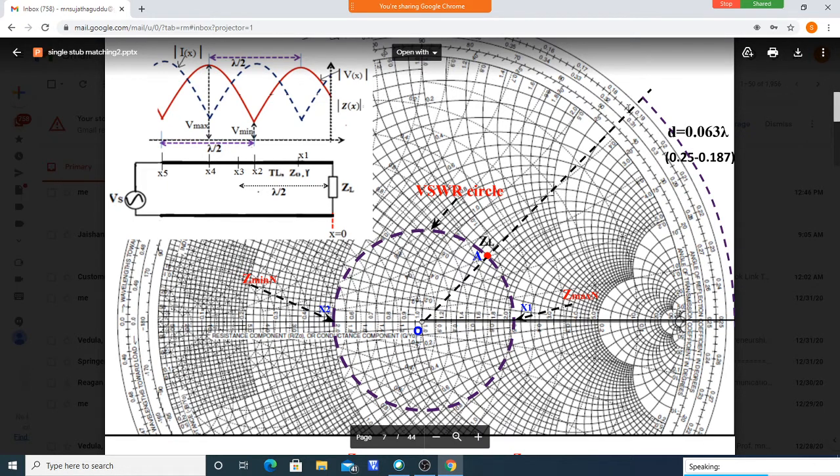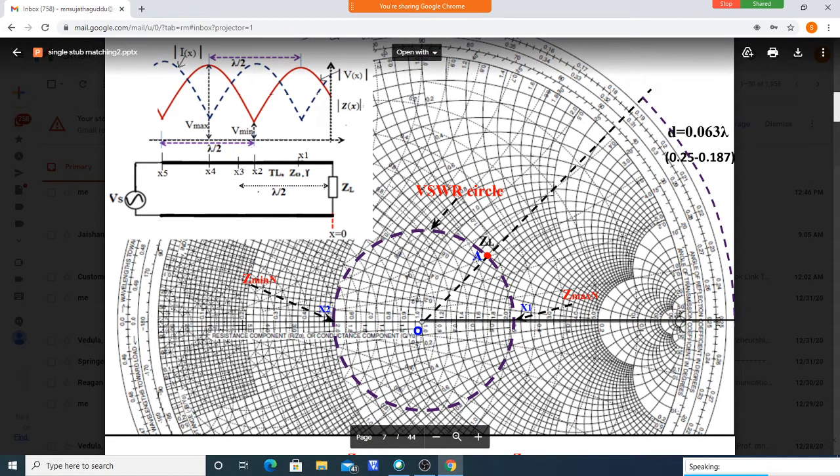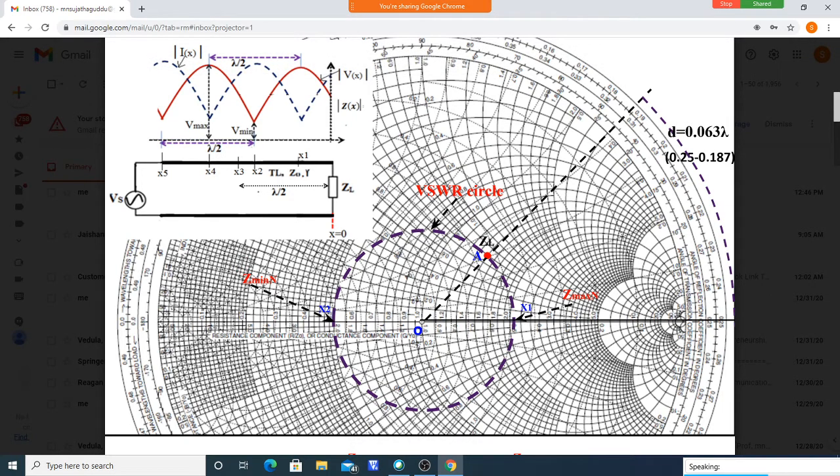You extend and it cuts somewhere here. Similarly, take a line from here and extend it, and it should intersect the towards generator scale here, in the clockwise direction. So this is the maxima point and this is the load point, and from here to here is the distance that we are measuring.